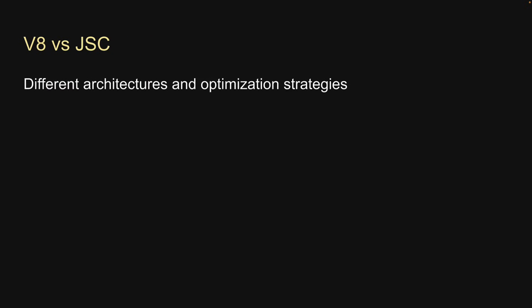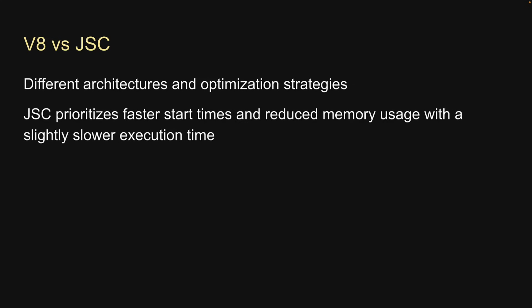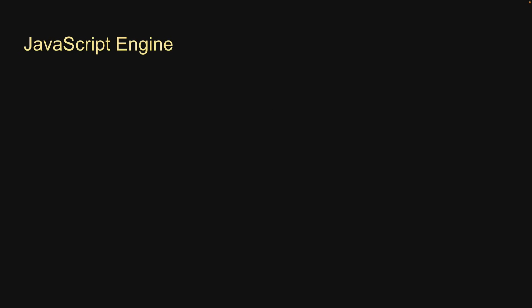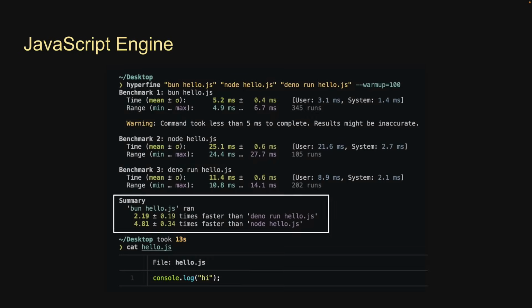V8 and JavaScriptCore have different architectures and optimization strategies. JavaScriptCore prioritizes faster start times and reduced memory usage with a slightly slower execution time. On the other hand, V8 prioritizes fast execution with more runtime optimization, which may lead to more memory usage. This makes Bun fast, starting up to 4 times faster than Node.js.